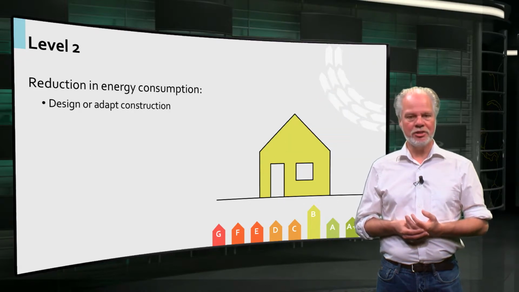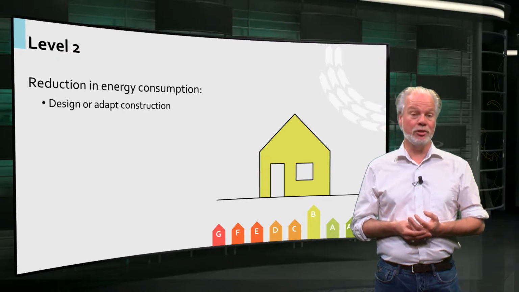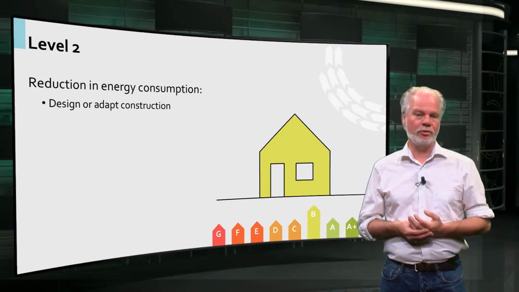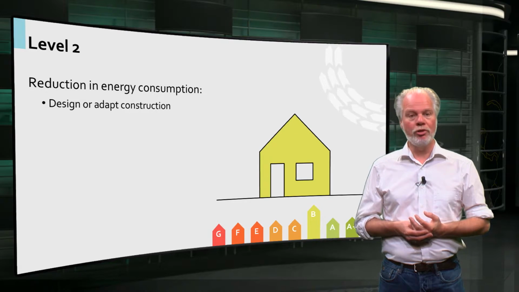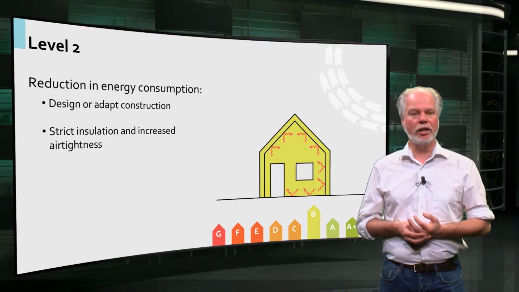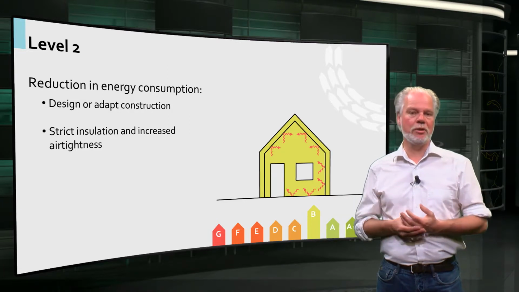Active interventions work best in dwellings that reduce energy demand as much as possible by the way they are constructed or refurbished. These measures involve strict insulation and additional requirements such as a high level of airtightness in the building.